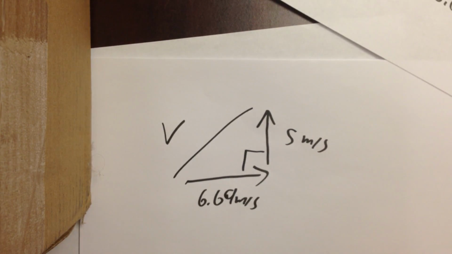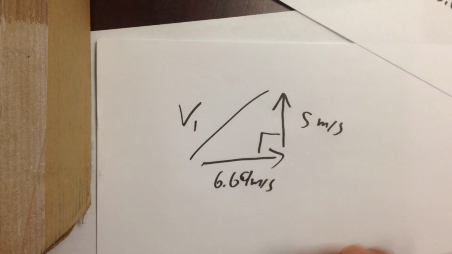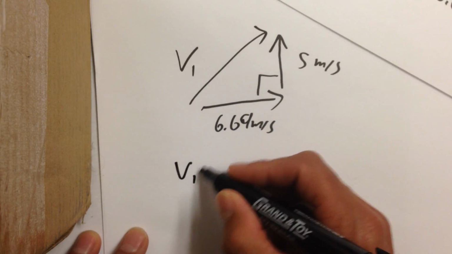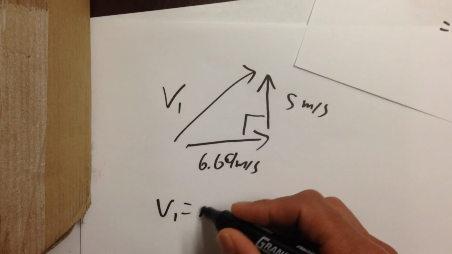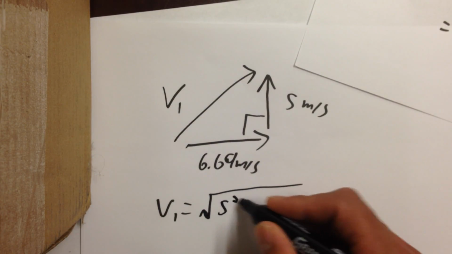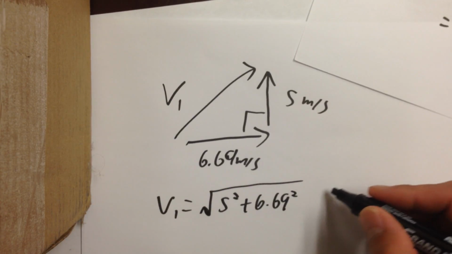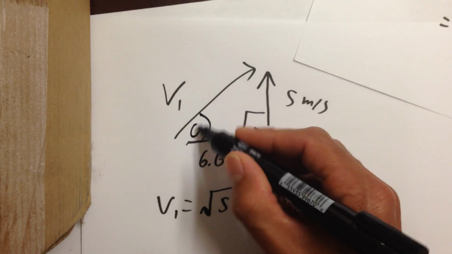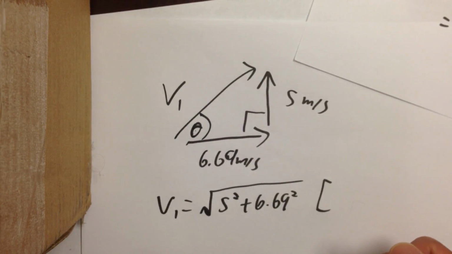Forward and upward are 90 degrees from each other, so we can just use the Pythagorean Theorem. This is the initial velocity, so it's going to be the square root of the sum of the squares. And then the angle is going to be inverse tan of 5 over 6.69.